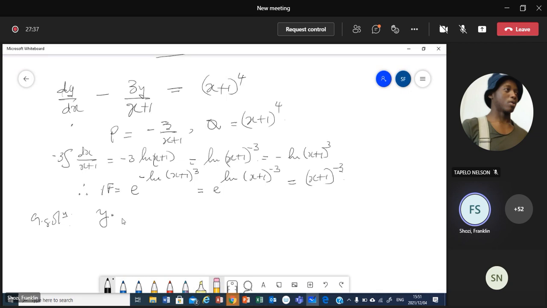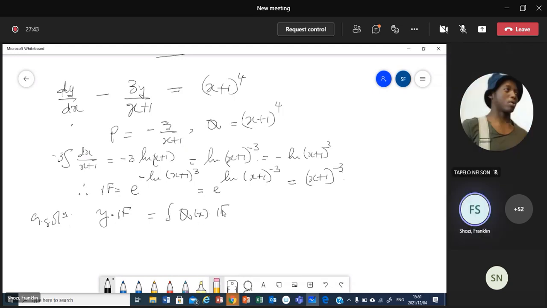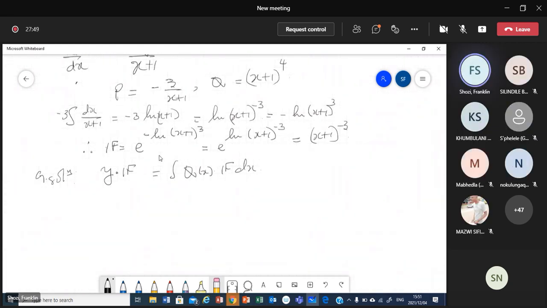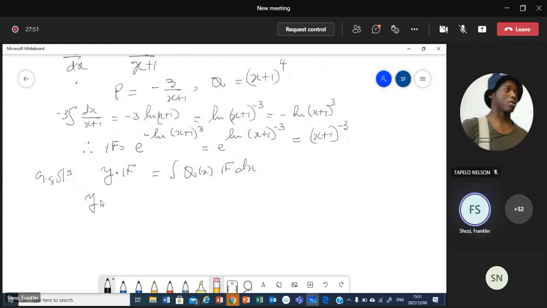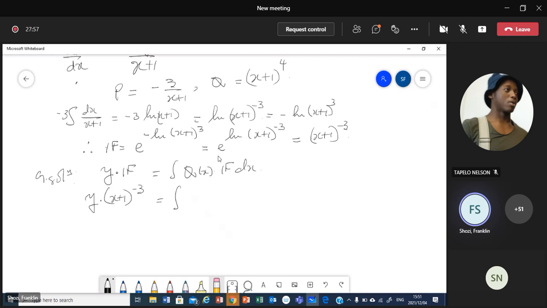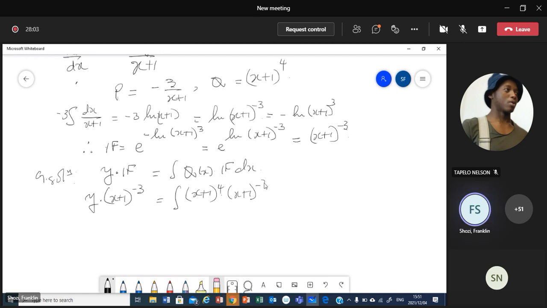The general solution is y times IF is equal to the integral of Q times IF dx. Therefore, what is y? y times (x plus 1) to the power minus 3 is equal to the integral of (x plus 1) to the power 4 times (x plus 1) to the power minus 3 dx.